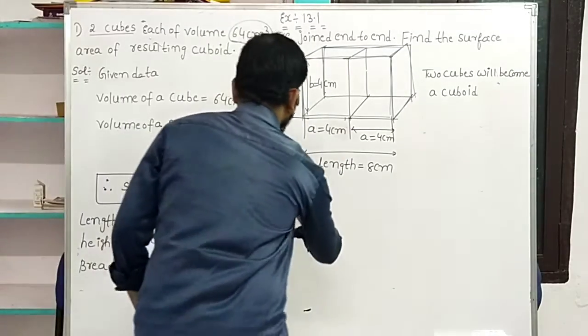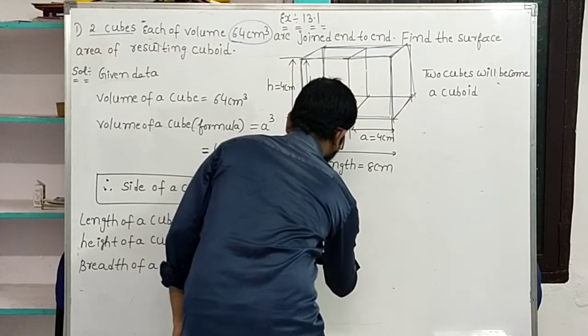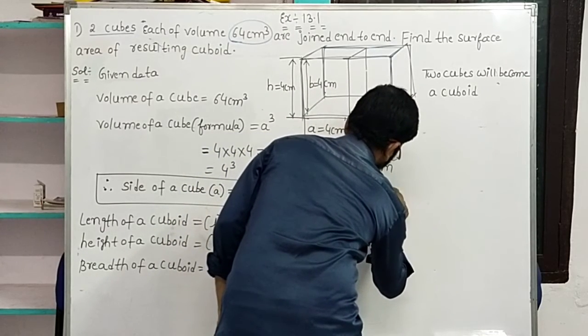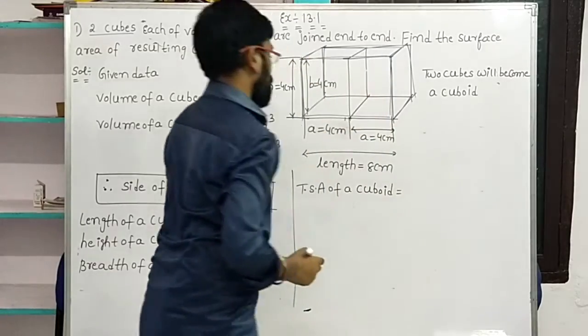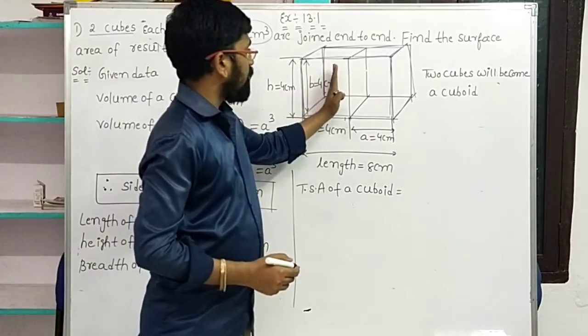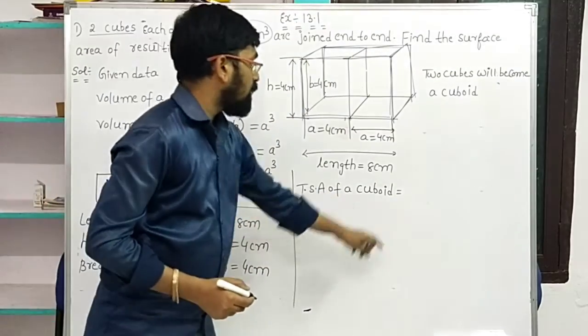So now we need to find the TSA, total surface area of a cuboid. Total surface area of a cuboid means CSA of cuboid plus the areas of the two ends.